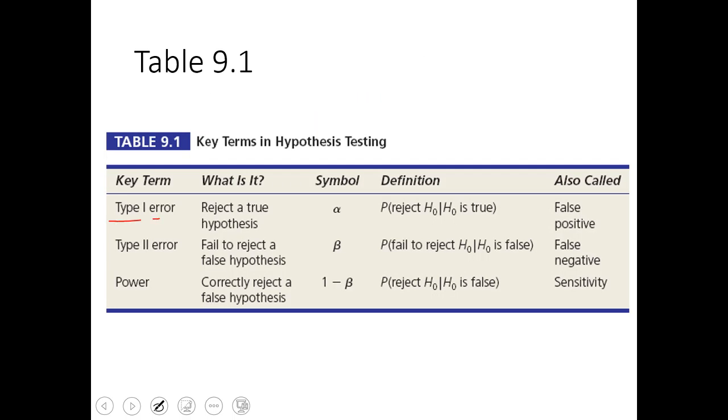Type 1 error is rejecting a true hypothesis, and we symbolize it by alpha. This alpha is the probability that we reject the null hypothesis when the null hypothesis is true. Another name of type 1 error is false positive. Another name of type 2 error is false negative.